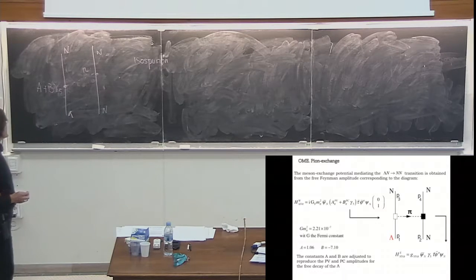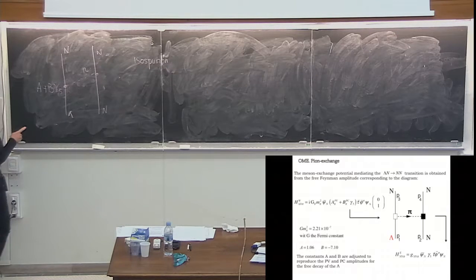So we know that the lambda has isospin 0 and that the weak vertex violates isospin, right? And we have seen this morning that chances are that this violation of isospin is in 1/2, not in 3/2.